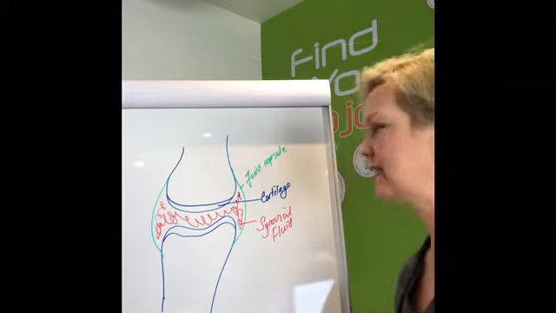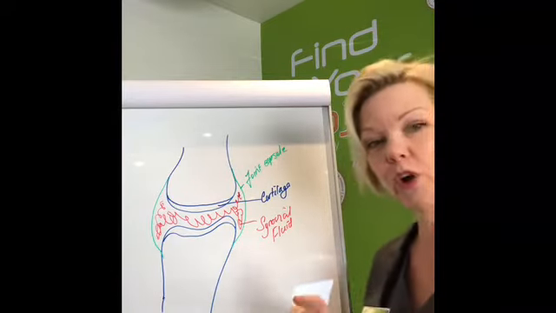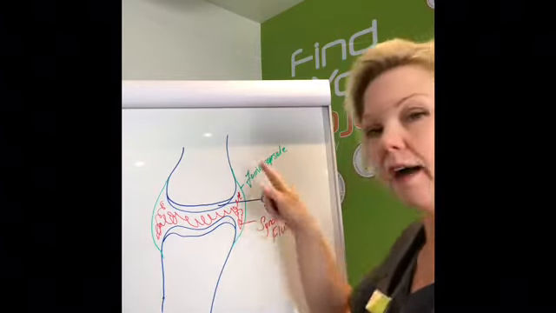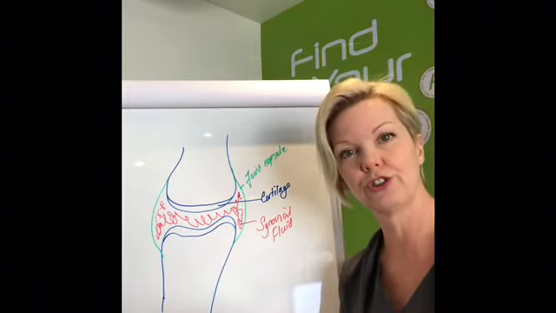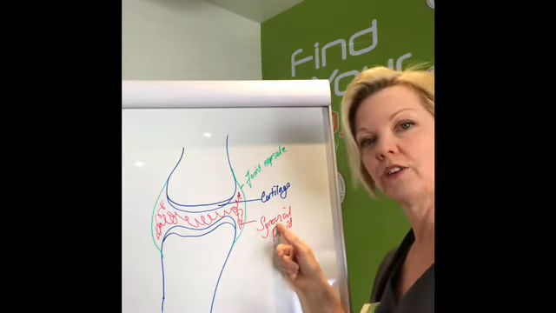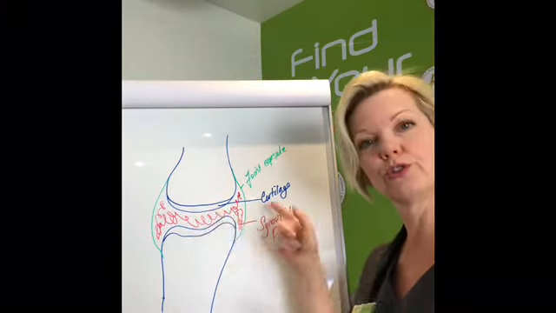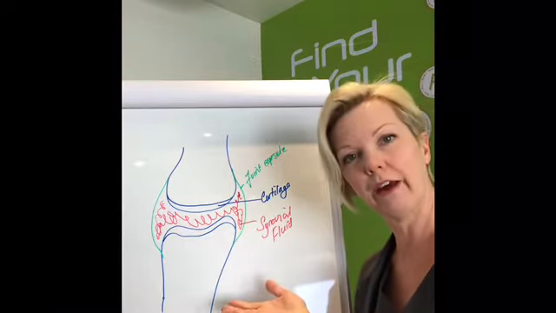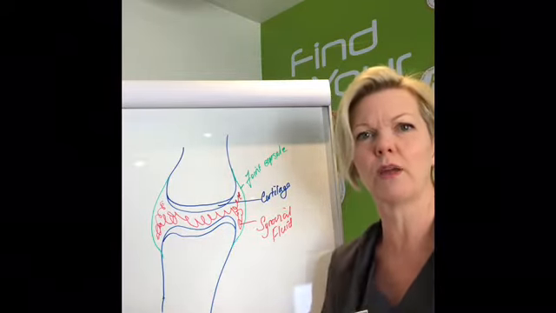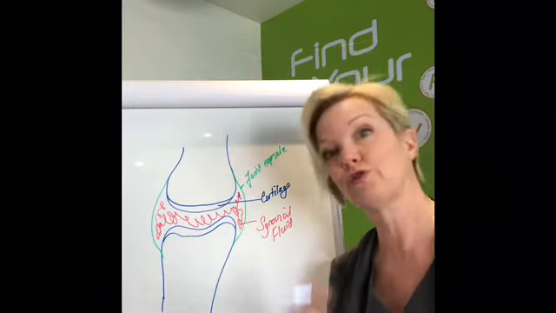Well, the reason is, if you are not moving your joints enough, then the joint capsule is not getting stretched, which means that it doesn't produce synovial fluid, and so you're not putting good nutrition into the joint in order to keep the joint healthy. So essentially, the best I can describe it is it's a little bit like the joint drying up.